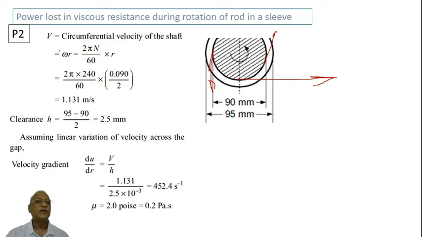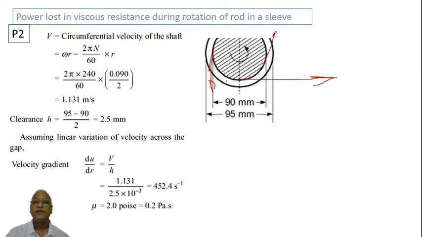This velocity phi is r omega, and omega is 2 pi N by 60. If you substitute in proper units, it becomes 1.131 meter per second. So this is the circumferential velocity. Now there is an oil film.